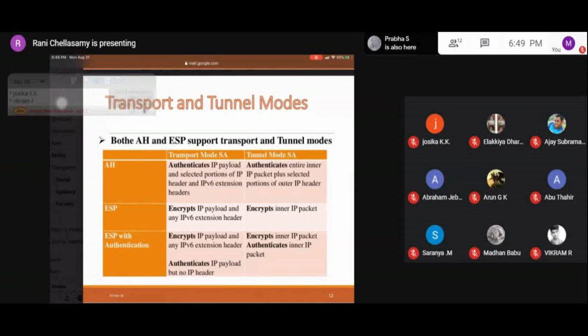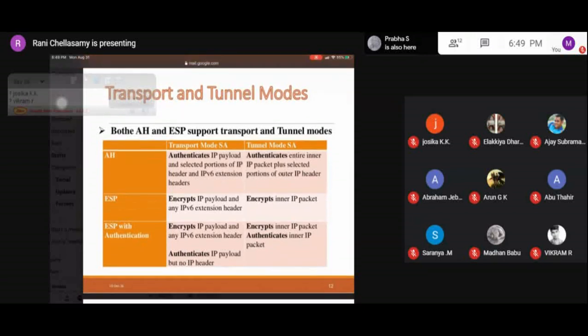So this AH, the authentication header component, authenticates the entire inner IP packet plus selected portions of the outer IP headers. So you'll be having the inner portion of the IP packet and the outer portion of the IP packet. Coming on to the ESP, in transport mode it encrypts the IP payload and any IPv6 extension header.